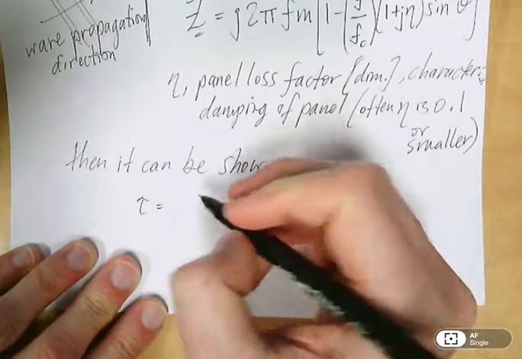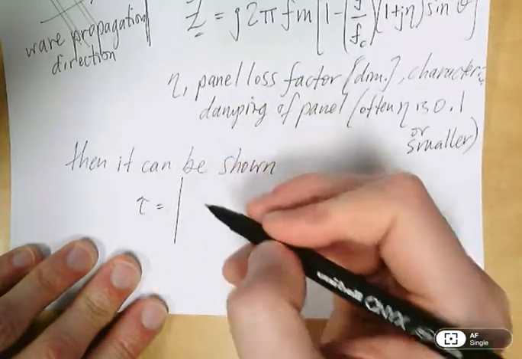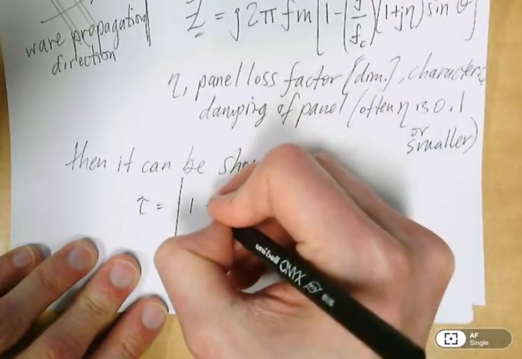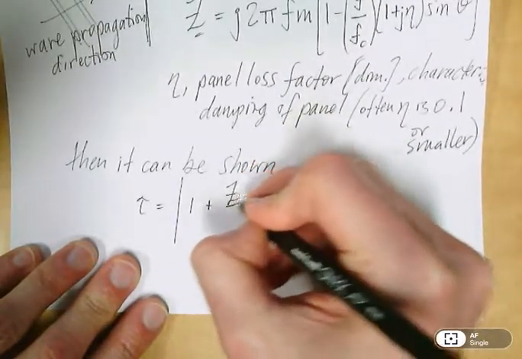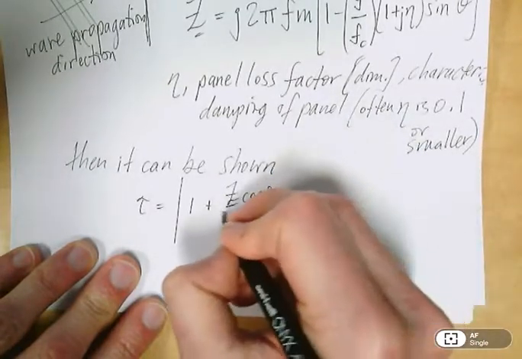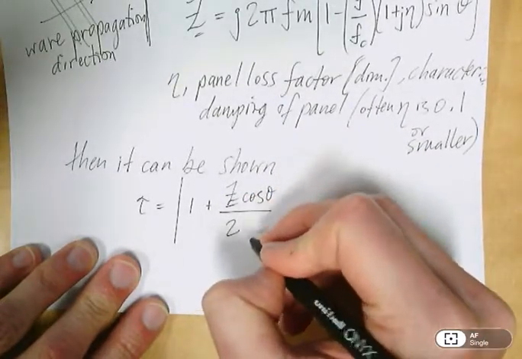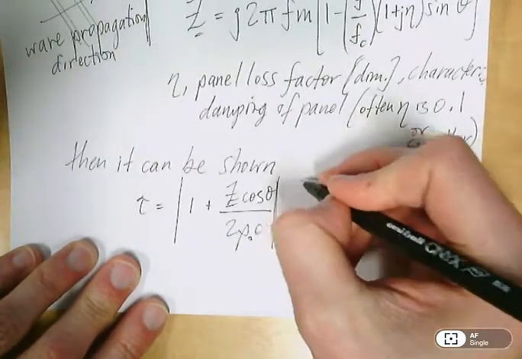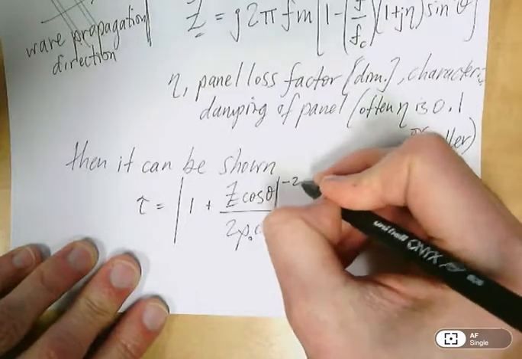Tau, the transmission coefficient, is equal to the amplitude of 1 plus the bending impedance, capital Z, times cosine of the oblique angle theta divided by 2 rho naught C. This whole expression, the modulus, is to the power -2.